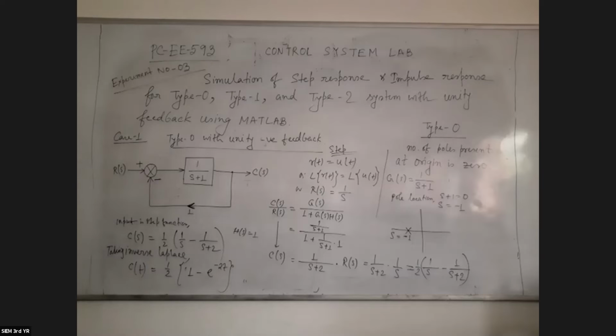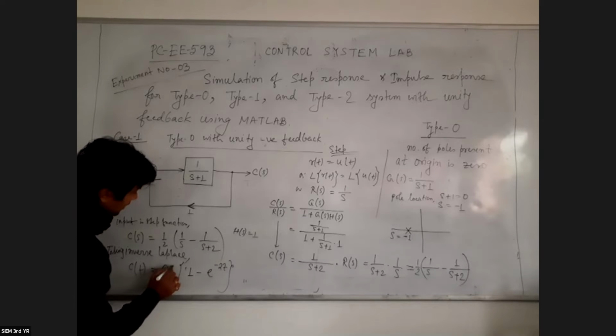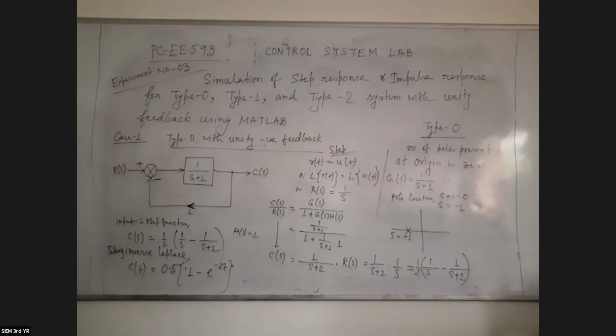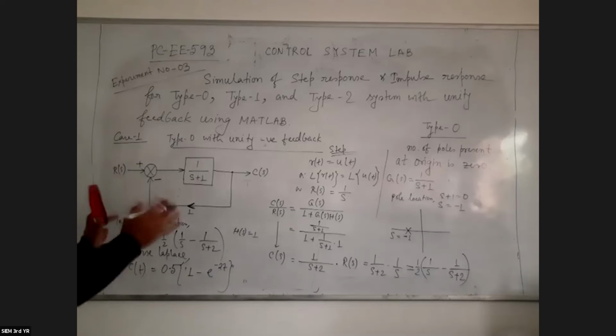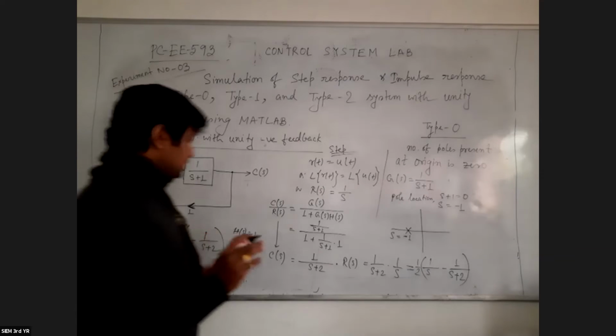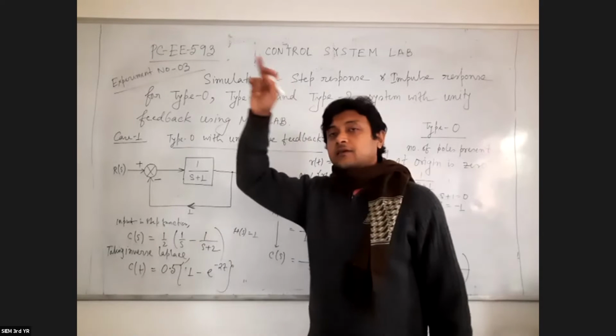Here you see this is half, so half means nothing but 0.5. So 0.5 into 1 minus e to the power minus 2t. This is the ultimate equation of c(t), on which you will get a curve.